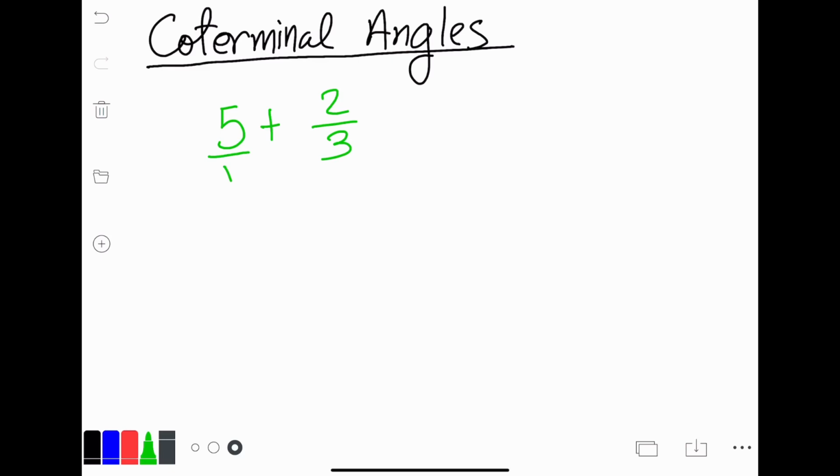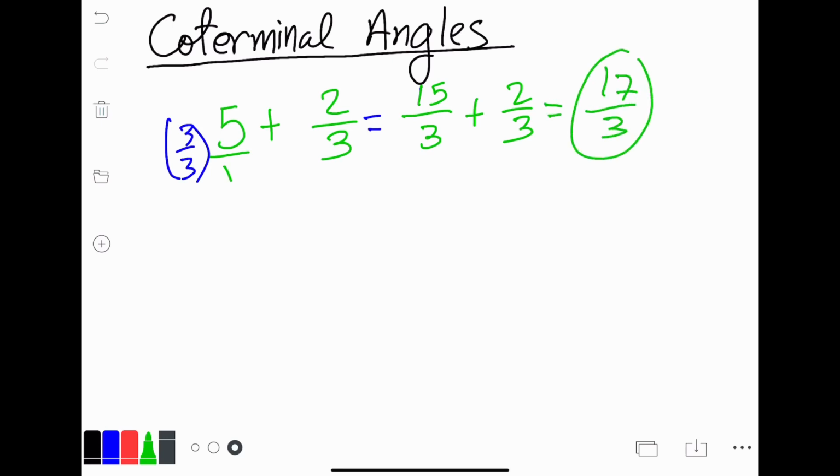So the common denominator is going to be 3. So I'm going to multiply 3 over 3 to this fraction. So I get 15 over 3 plus 2 over 3. Again, 15 over 3 is still just 5. I just rewrote the fraction so that we have a fraction with denominator 3. So when we add these together, we get 17 over 3. And that's our final answer.